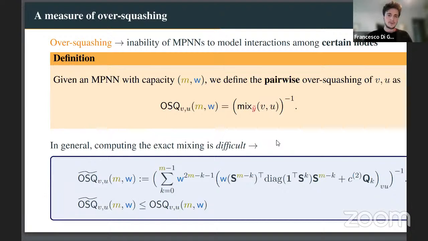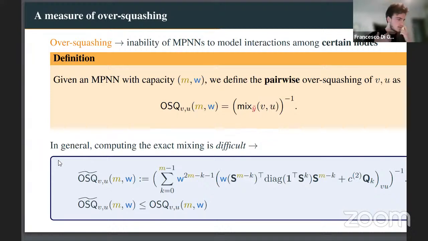Now, computing the exact mixing in practice is not really easy, and theoretically, we don't really know exactly the second order derivatives of the MPNN. But now we can use the previous theorem, and because the previous theorem gave us an upper bound on this mixing, we can now derive a lower bound on this oversquashing measure, which we define as this tilde oversquashing.